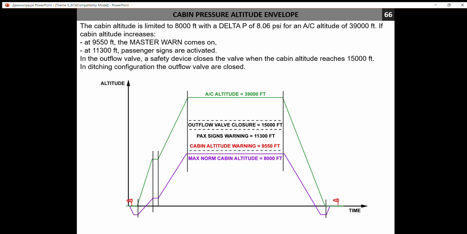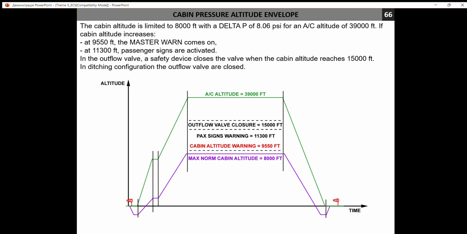To avoid this pain in our ears, we slowly pressurize the cabin before takeoff, and then proportional to the vertical speed we change the altitude in the cabin up to 8,000 feet.